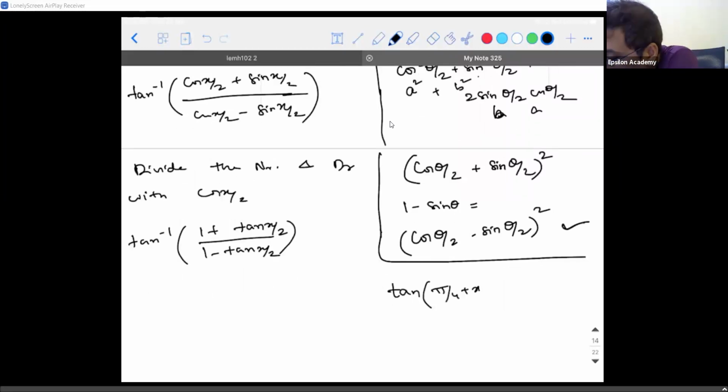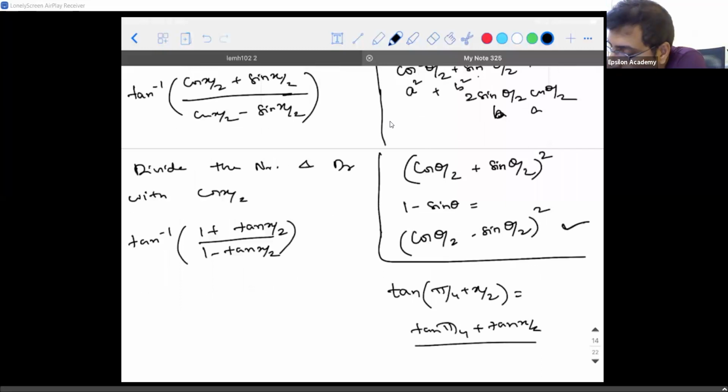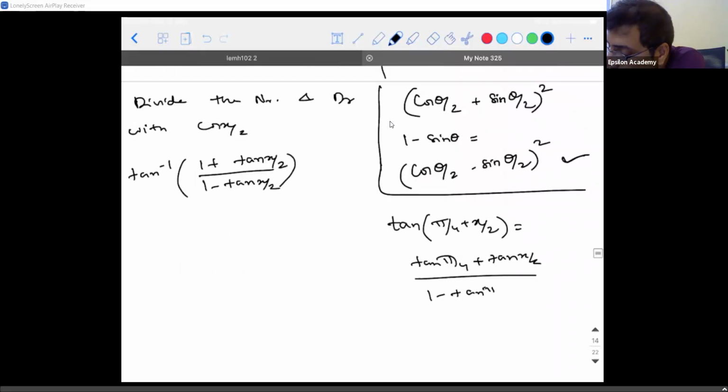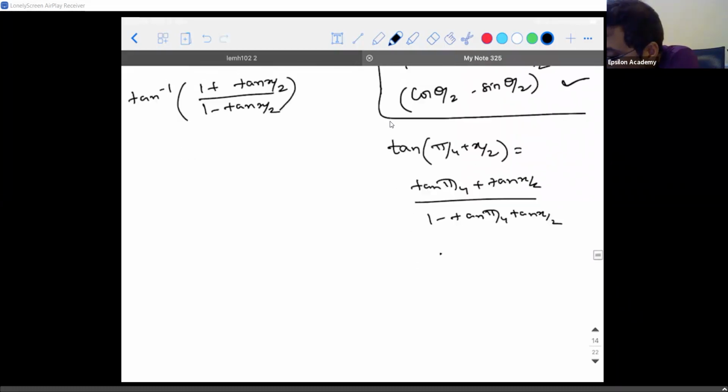Remember, tan of pi by 4 plus x by 2 is tan A plus tan B by 1 minus tan A tan B. That is 1 plus tan x by 2 by 1 minus tan x by 2.